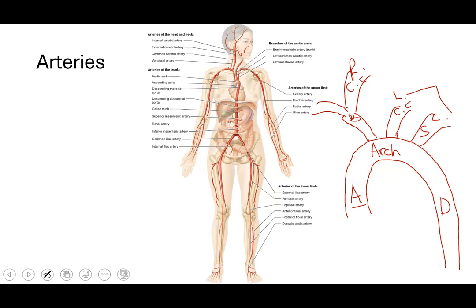Any guesses as to what the second one is going to be called? It's the right subclavian. So these are the left common carotid and the left subclavian, whereas over here, the brachiocephalic trunk branches into the right subclavian and the right common carotid. So this brachiocephalic is unpaired.